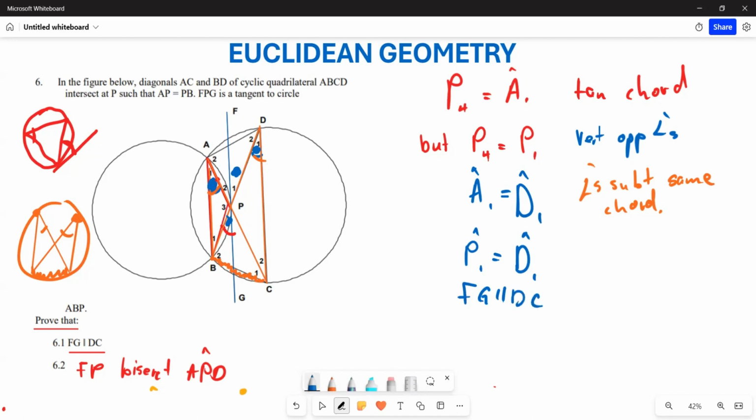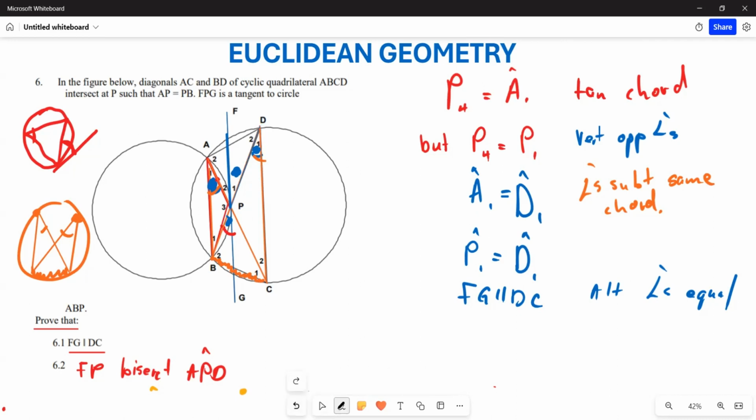Because these are alternating angles, and alternating angles are equal. So that is the reason why I can conclude that. For those who might not see it, these angles are alternating because of these.